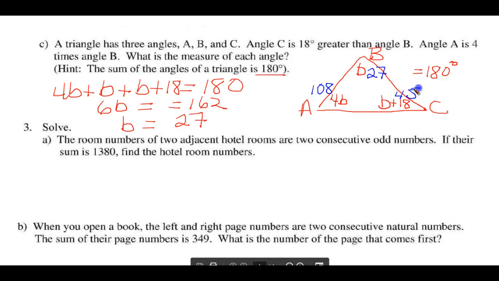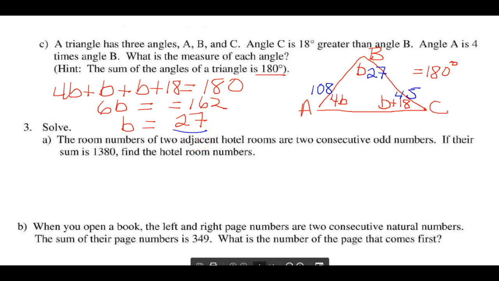Now I've worked these out already. I'm just showing you again. You'd have to think about it, read it, make a little diagram, start plugging in your information, develop an equation, get the answer, and once you find B, you then plug that in there and get your other angles.